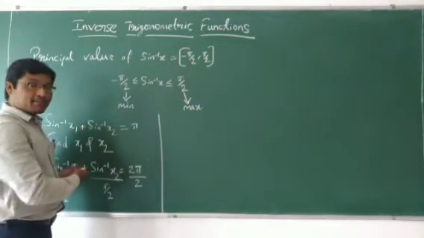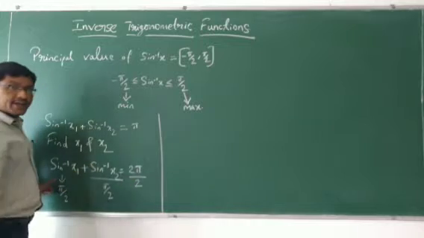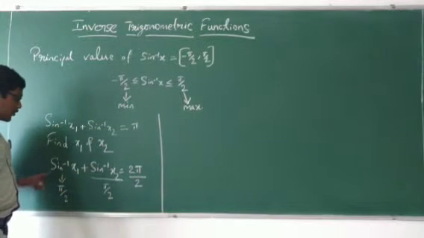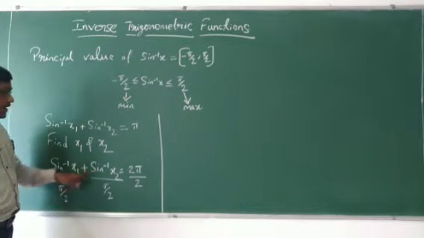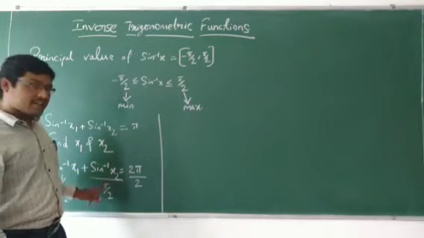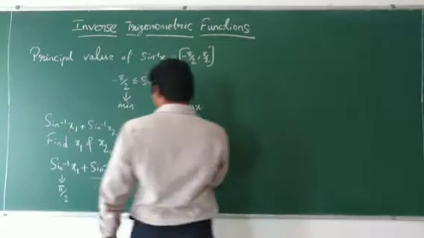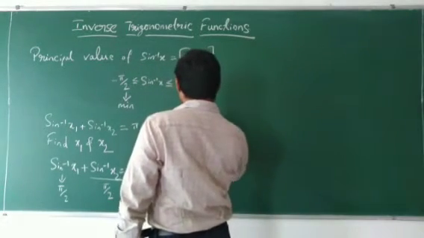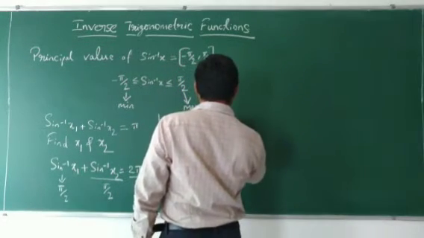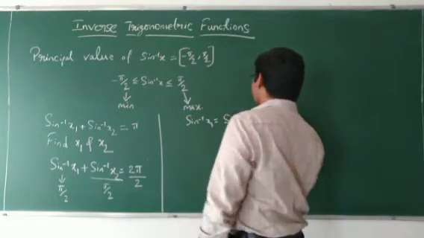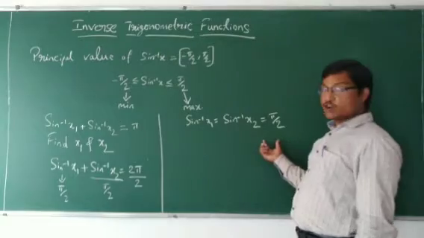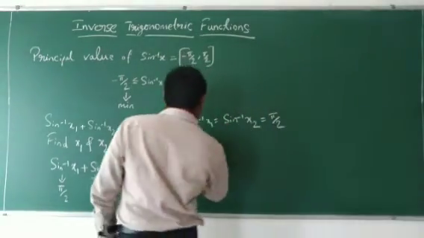If you take less than pi by 2, then you will not get 2 pi by 2. So you need to take sin inverse of x1 as pi by 2 only, sin inverse of x2 as pi by 2 only. Both these values are equal to pi by 2.